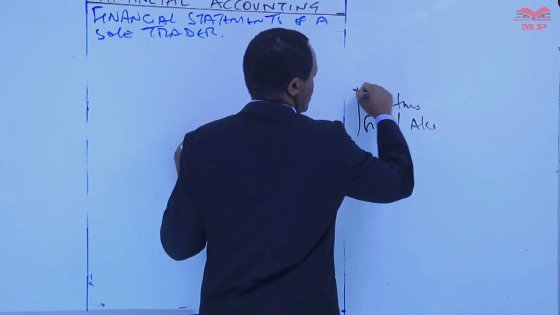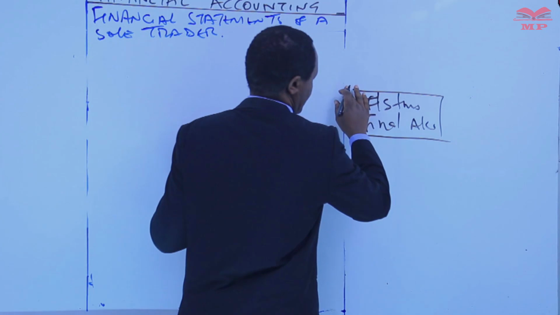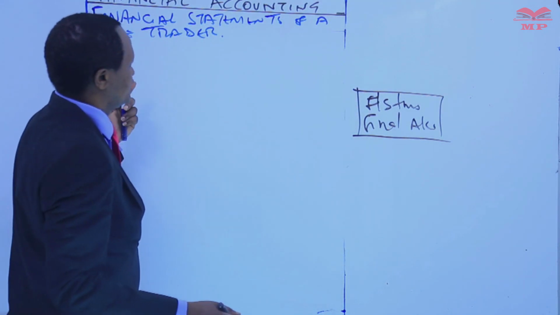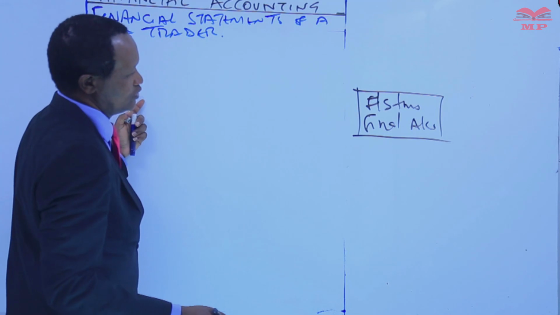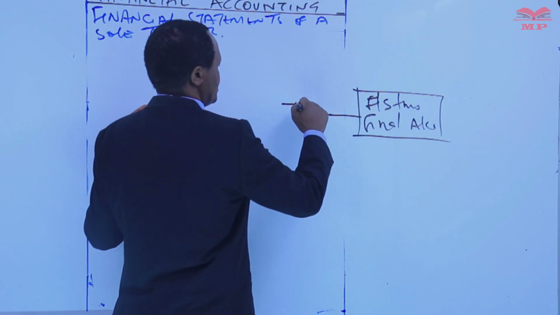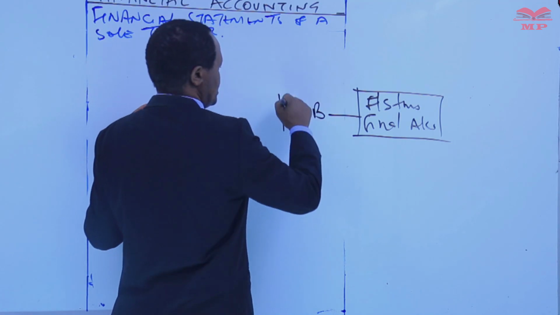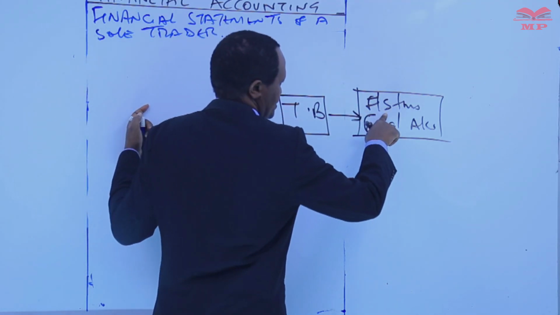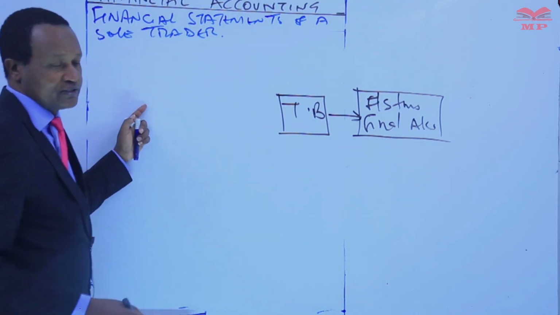For you to draw up the financial statements, like the statement of profit or loss account, you must have a trial balance. It is from this trial balance that we prepare the financial statements.